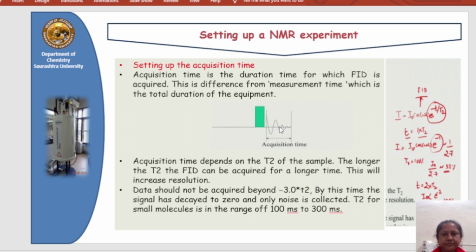If T2 is long, the signal decay is slow. So the acquisition time is directly related to signal decay.